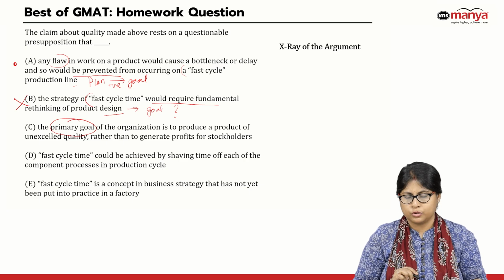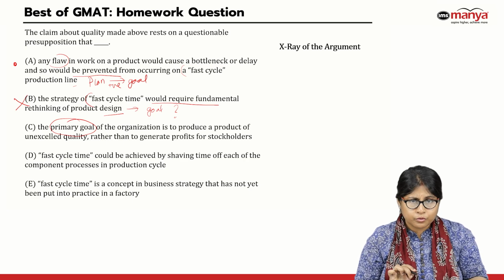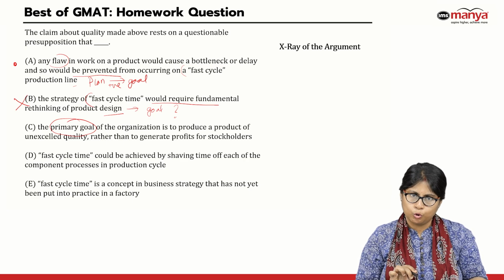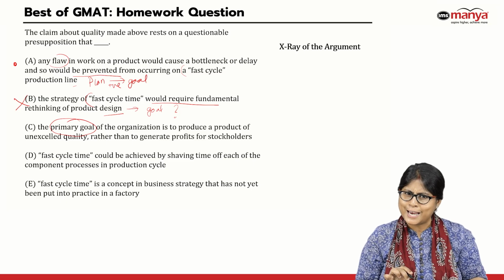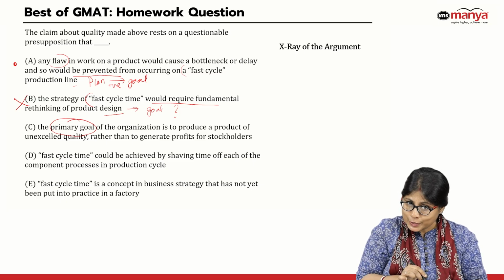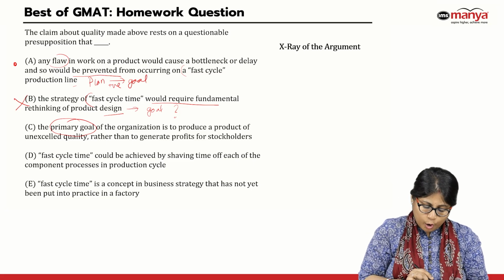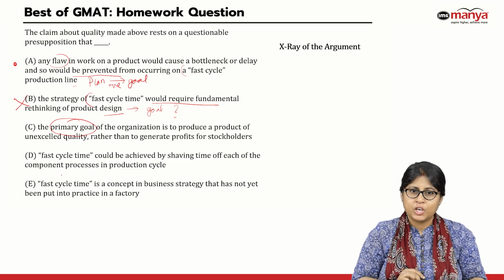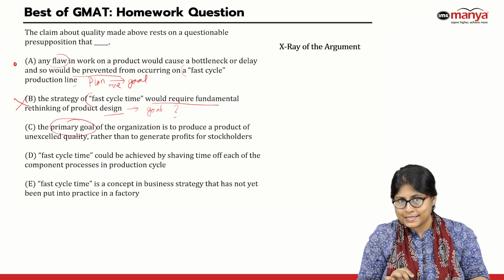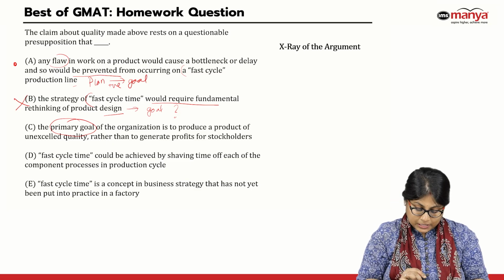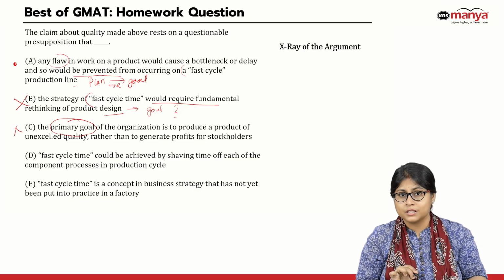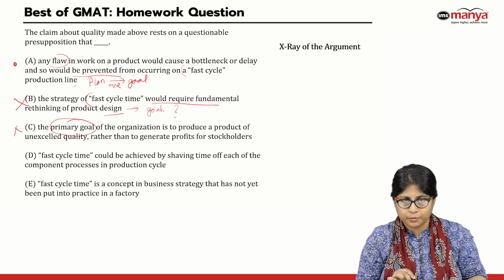Now, again, my question to you, dear students, do you think the primary goal of the organization is necessary for this particular plan to achieve the stated goal? No. So, option C is beyond the scope of my discussion within this argument. I can say C is definitely not something my plan is dependent upon. I could eliminate this option as well.